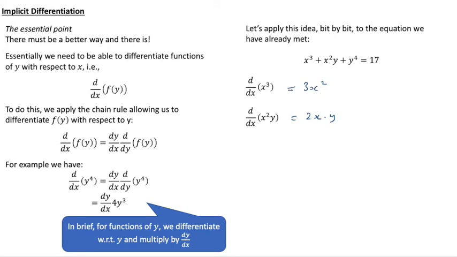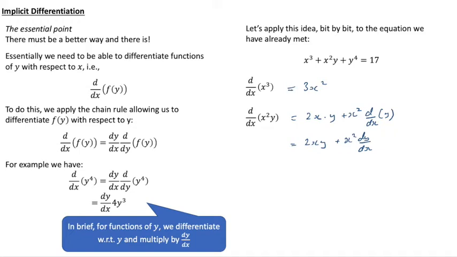And then we keep the first function, x squared, and we differentiate the second function. So we're going to differentiate y with respect to x, and in fact, and this is a really important point, this is the familiar dy by dx. So we end up with 2xy plus x squared times dy by dx.